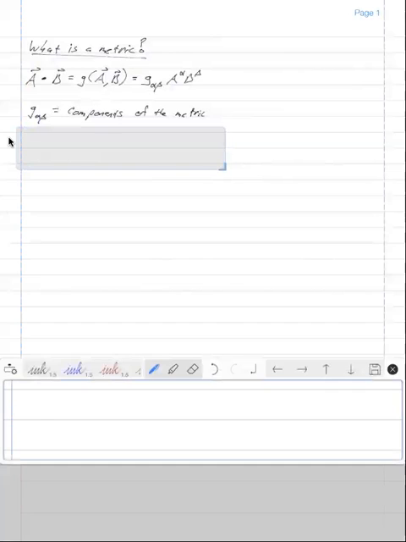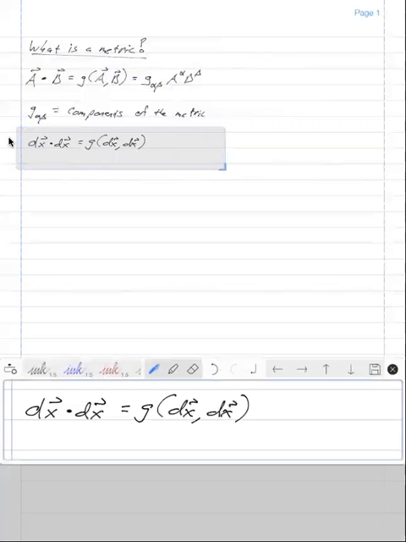So for example, if we have some infinitesimal vector dx, which is meant to represent a vector that connects two points in space, then the magnitude of that vector is given by this. Well, this is just equal to G of dx comma dx. We're supplying dx to each argument of G.